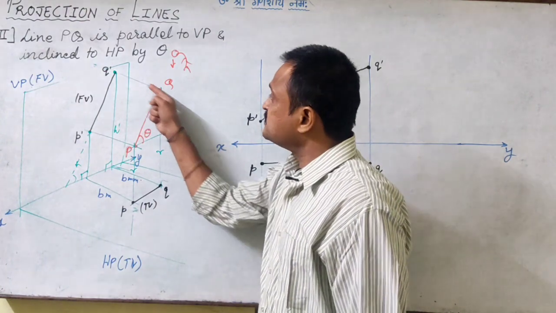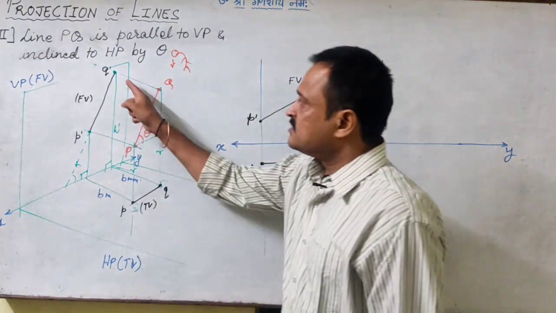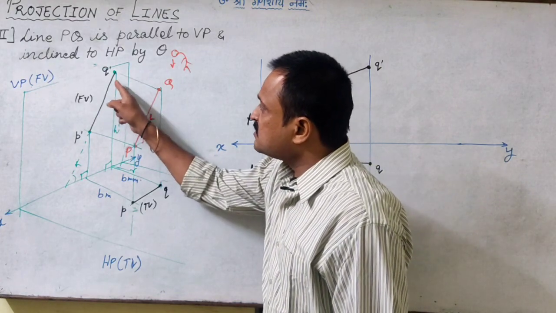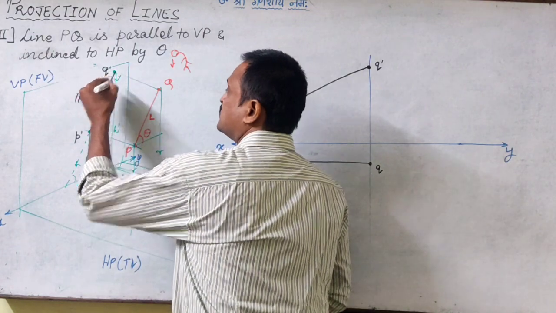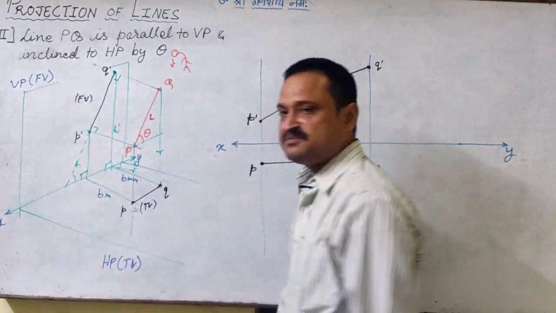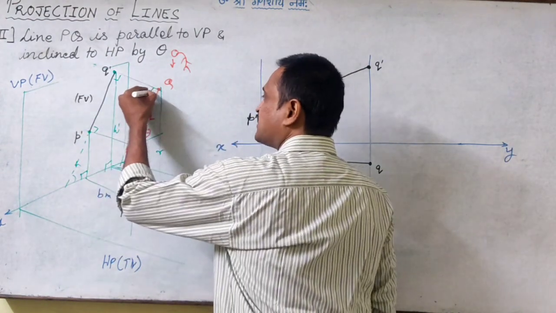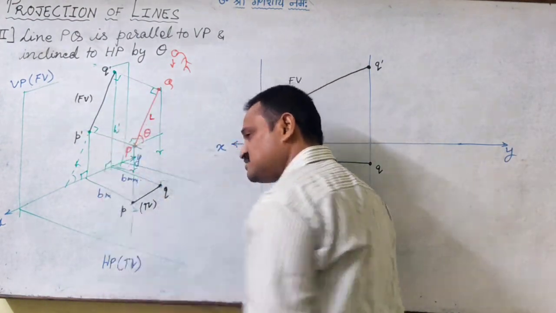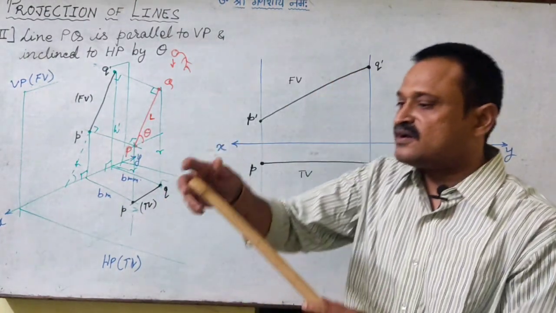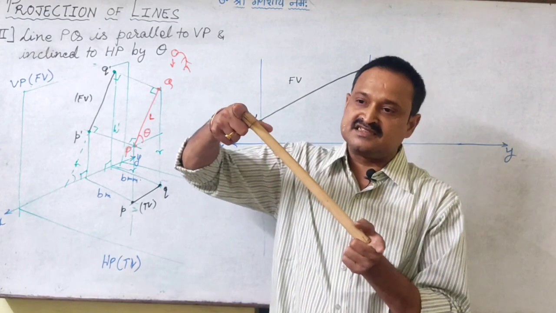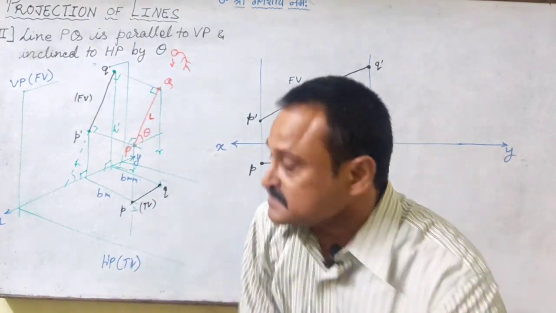The projectors are perpendicular to VP, so the projectors are as well perpendicular to the image because the image is on VP. But the line is parallel to VP, therefore the projectors are as well perpendicular to the line. So the condition of the projectors is this, and the same length is getting projected.